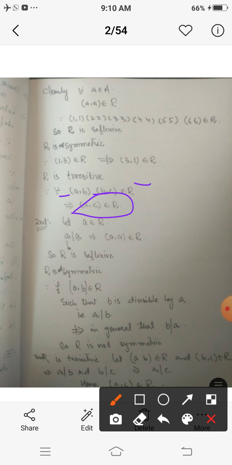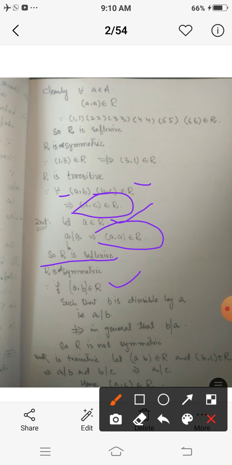There is a second method to check this relation. For reflexive, let a belong to A, then a divides a. When a divides a, it means (a, a) belongs to R. Since a is any number, we can say that R is reflexive. For symmetric, if a divides b, this implies (a, b) belongs to R, but it does not imply in general that b divides a.